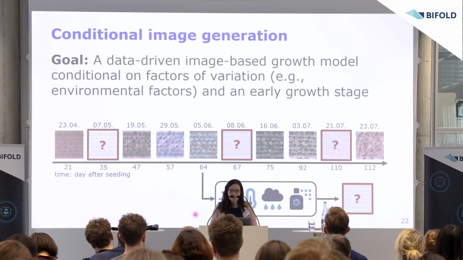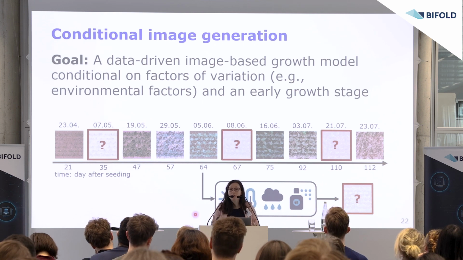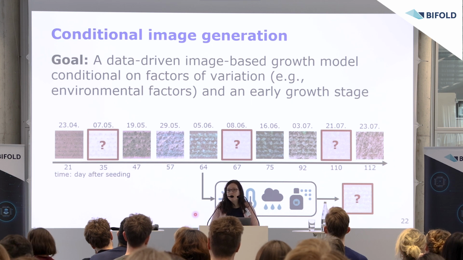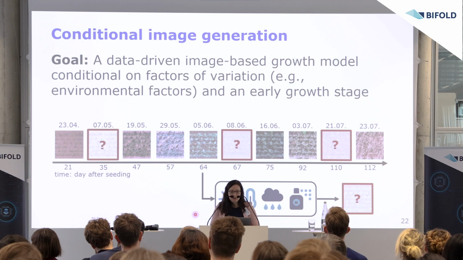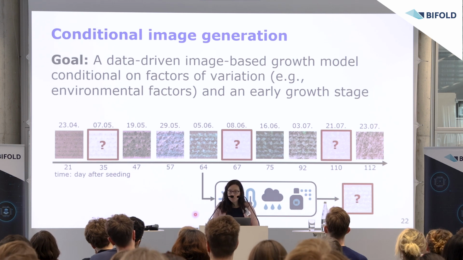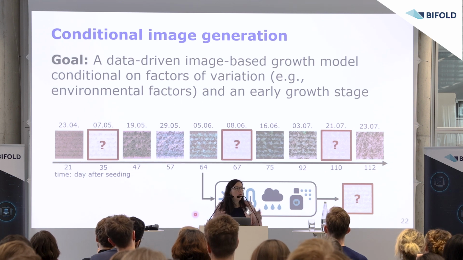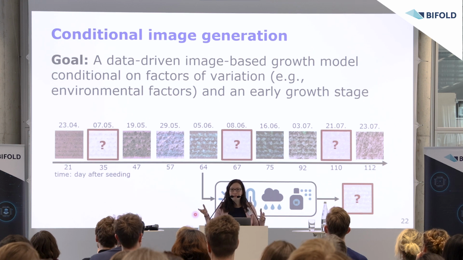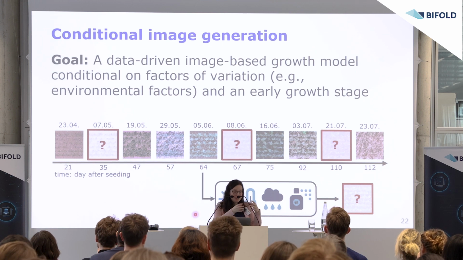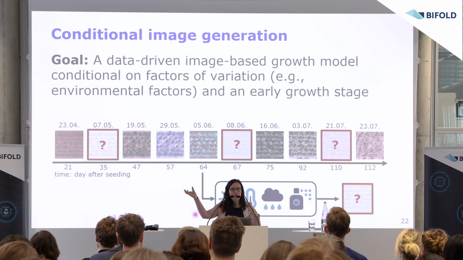Factors of variation are, for example, environmental factors like watering. And we designed a generative model for this, and we got a data-driven image-based growth model, conditional on the factors of variation and an early growth stage. An early growth stage because you do not want only to have nice-looking images, you really want to have this specific plant, and you want to see how it will develop.